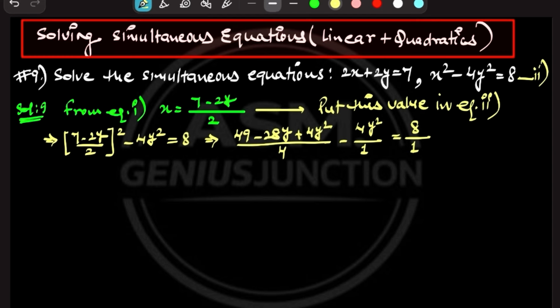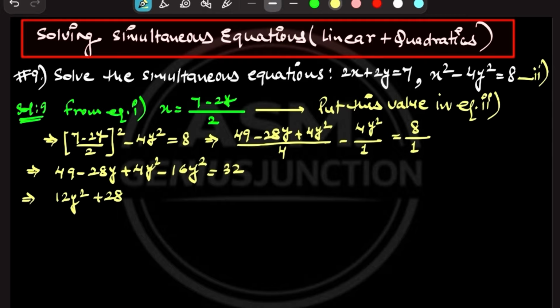Let's take the LCM of this complete equation so that we can get the final simplified equation, that is, 49 minus 28y plus 4y squared minus 16y squared equals 32. Let's rearrange the equation to get the final equation. So we get 12y squared plus 28y minus 17 equals 0.